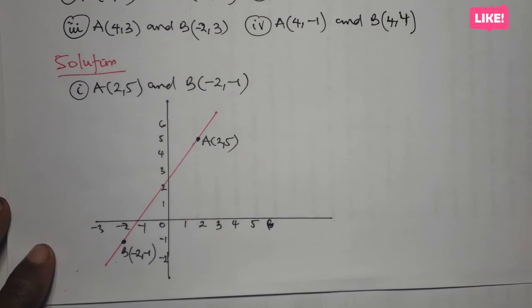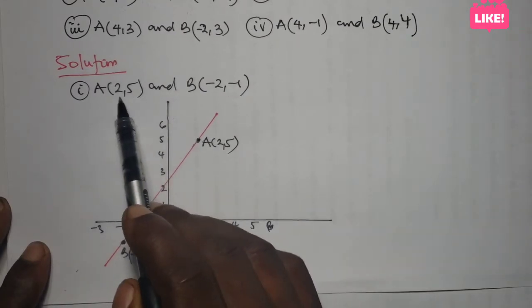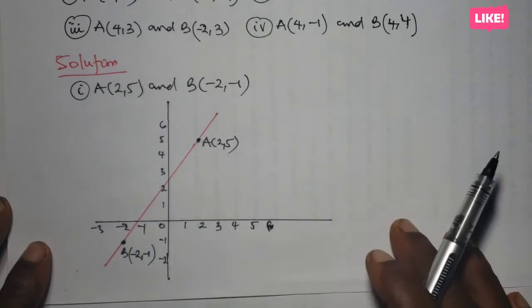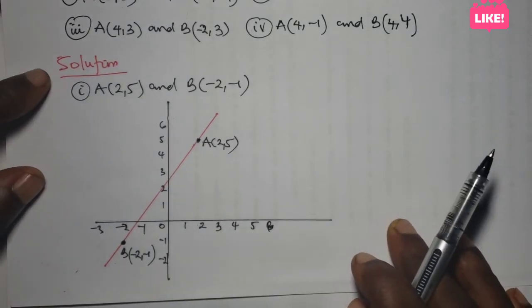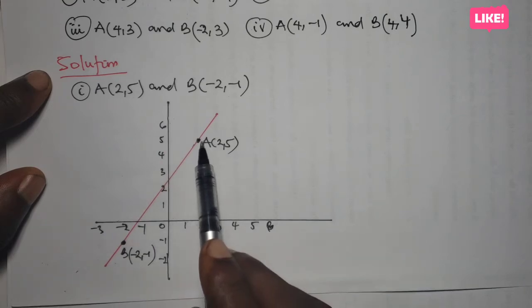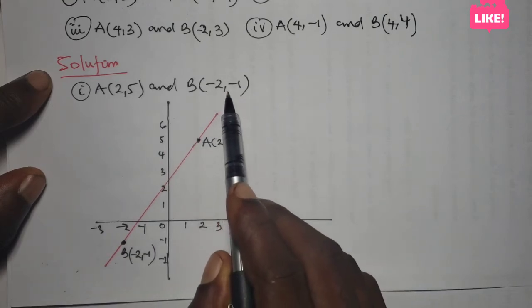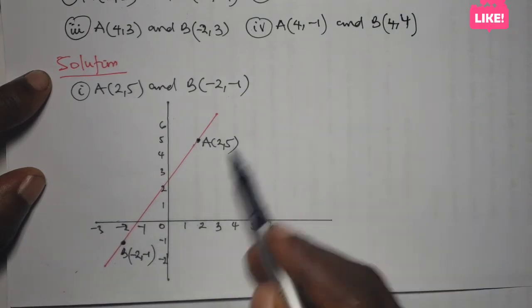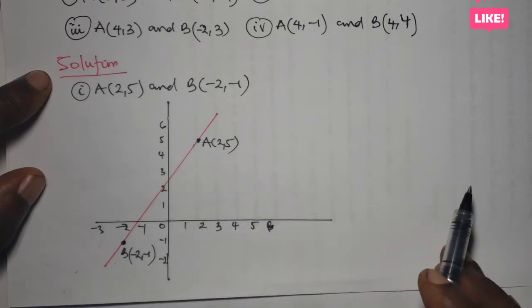For the first one, A (2, 5) and B (-2, -1), I have sketched the line already. So (2, 5) is here, and (-2, -1) is here. If I join these 2 points, I get a straight line, which I call line AB.